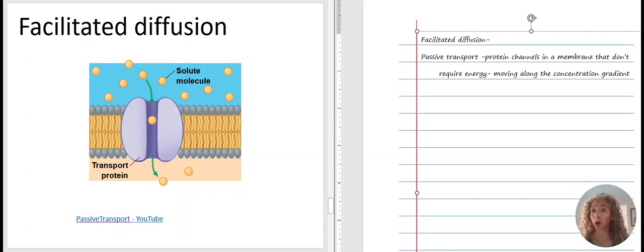That transport protein can open and close as the cell wants to accept solute molecules or not accept them, or allow them out of the cell as well. But these solute molecules are going to continue to move along the concentration gradient. They will still be affected by that concentration gradient, and they will still be moving from an area of high concentration to low concentration.